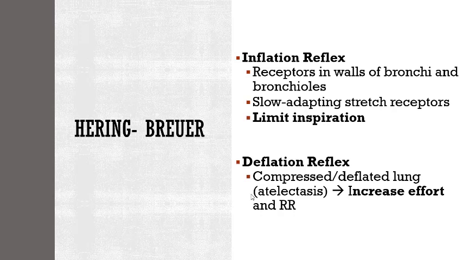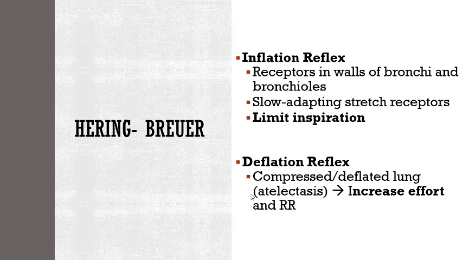The second component is this deflation reflex. So this is a little bit more of an intense one. So in situations where you have a very rapidly compressed or deflated lung, or over a period of time, like with atelectasis, these receptors will realize that they're not stretched enough, right? They're shrunken down, and what they do is they will increase your respiratory effort and your respiratory rate.